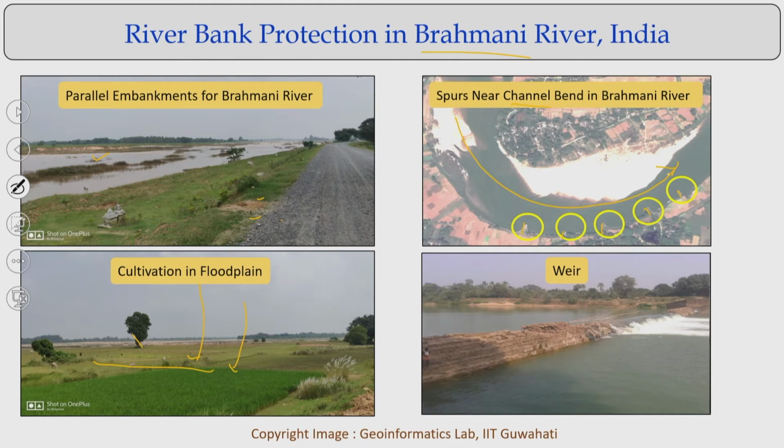A series of spur structures are there, which divert the flow streamlines away from the bank. Earlier there used to be weir structures to maintain the navigable flow depth.